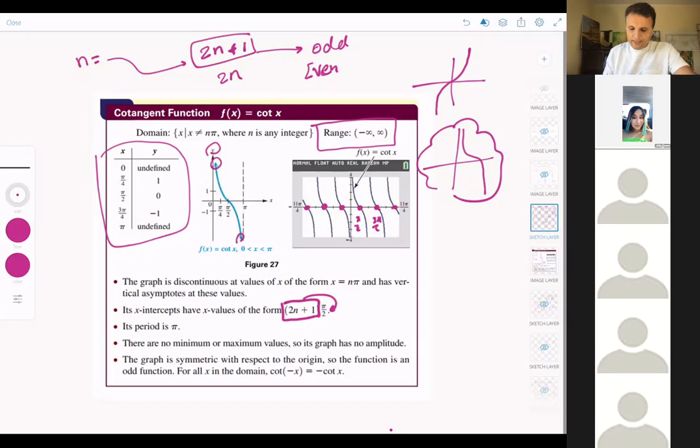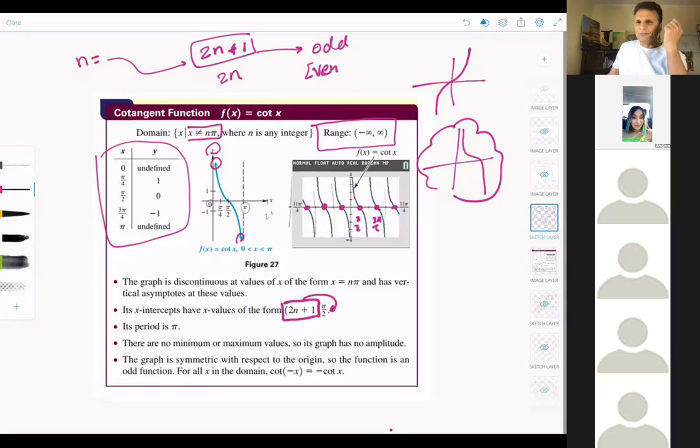And the domain: those are the numbers that we shouldn't plug in. What are those? 0, pi, 2 pi, 3 pi, 4 pi. So how do we say it? We write x cannot be n pi, any multiple of pi, and n is an integer, not a fraction.